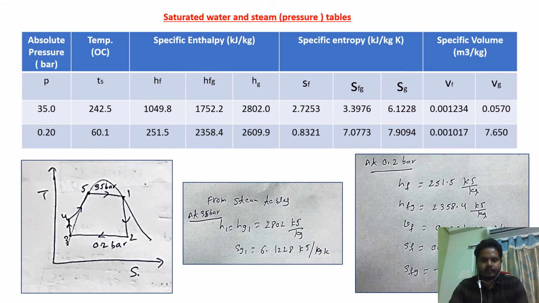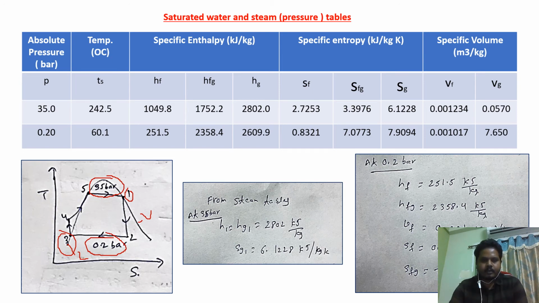As we can see on the TS diagram, point 1 and point 3 are on the saturated vapor line and saturated liquid line respectively. So here we have to consider the saturated water and saturated steam tables. And in the problem they have given the values of pressures, 35 bar and 0.2 bar.